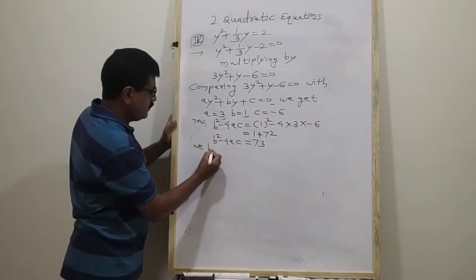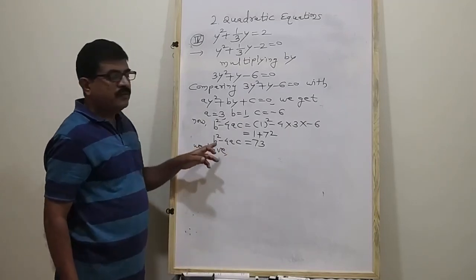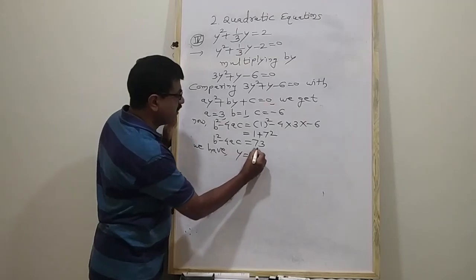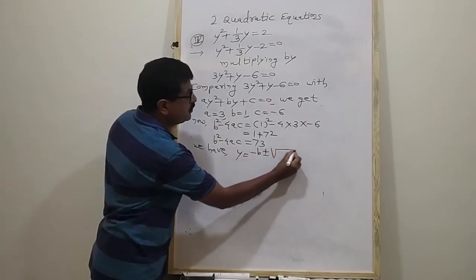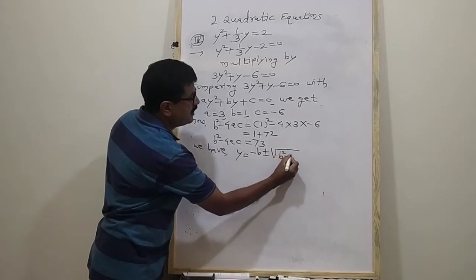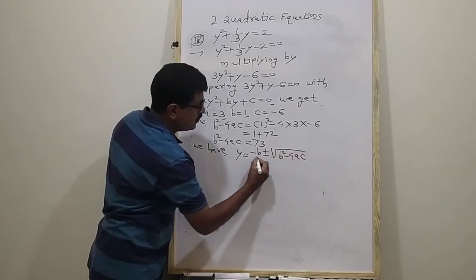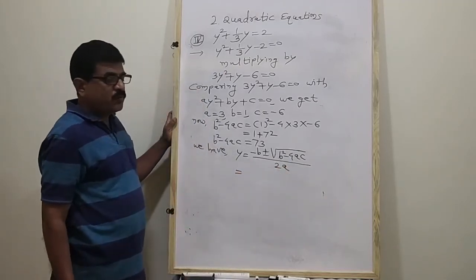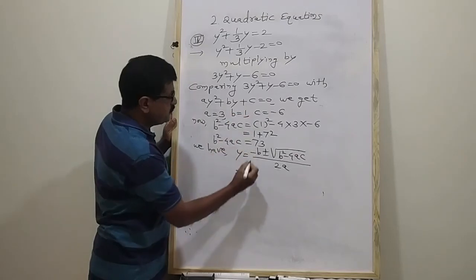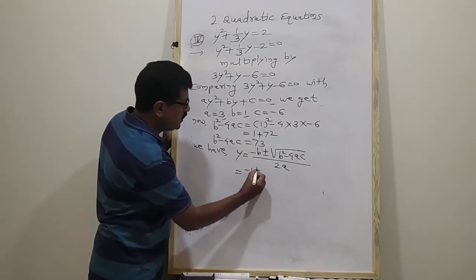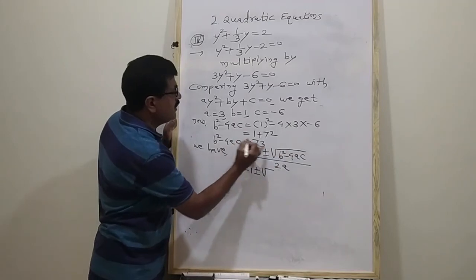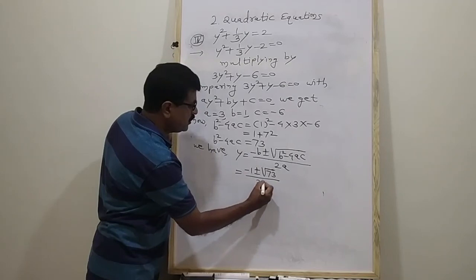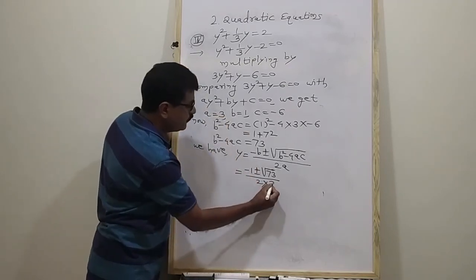Now we have write down formula in the form of variable y. We have y is equal to minus b plus or minus square root of b square minus 4ac upon 2a is equal to, now put values, value of b is 1, therefore minus 1 plus or minus square root of value of b square minus 4ac is 73, divided by 2 into a is 3.